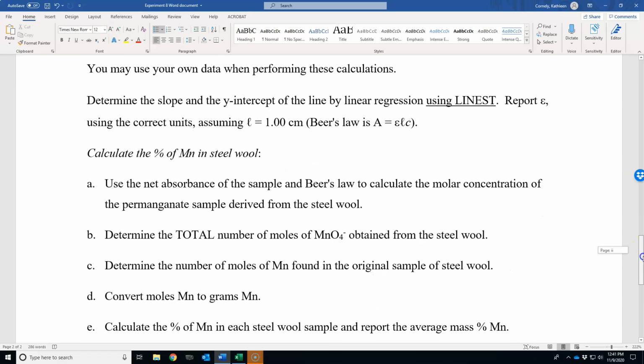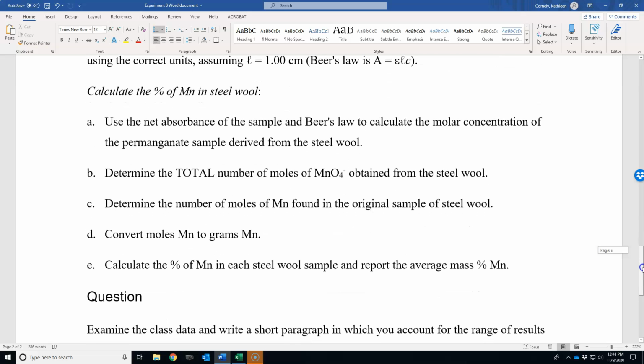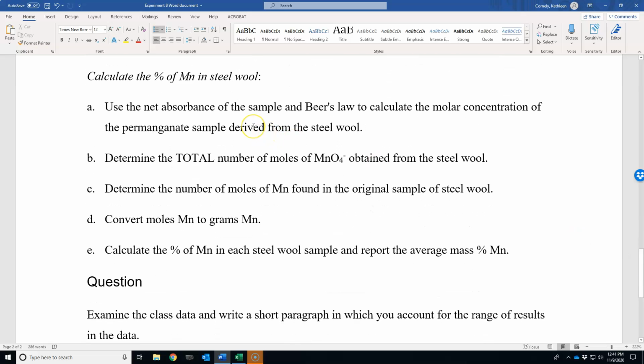Then the next thing we need to see is the calculation of the percentage of manganese in steel wool. You'll use the net absorbance of the sample and Beer's law to calculate the molar concentration of the permanganate derived from the steel wool. From there, show us the total number of moles of permanganate obtained from the steel wool.